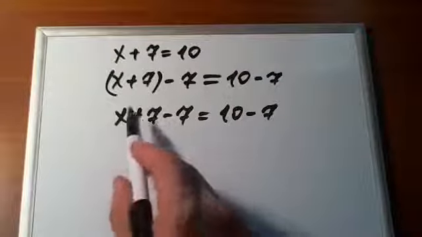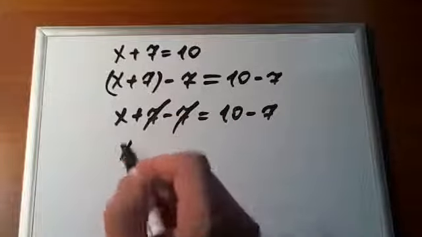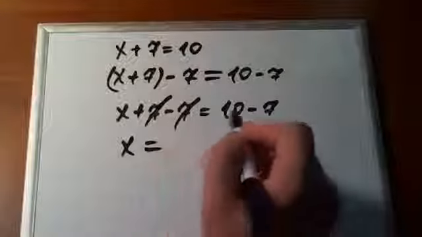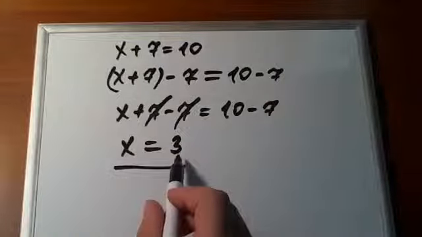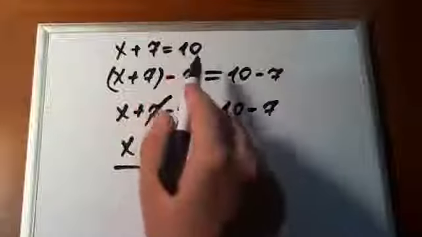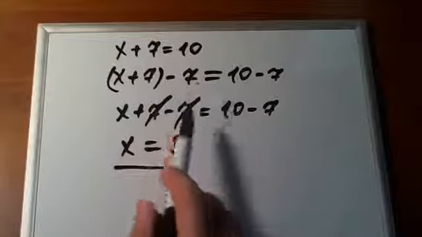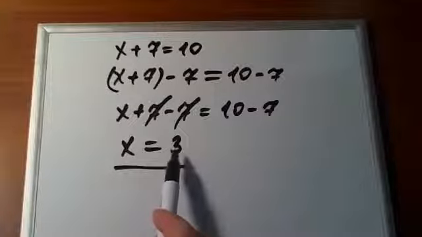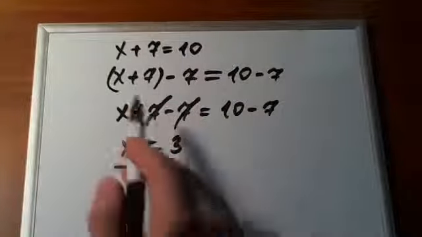Subtracting 7 from this side takes care of these 7s. So we have x left on the left side, and 10 minus 7 is 3. 3 is a solution of our linear equation. If you want to check, to make sure we didn't make any mistakes in the process, we can plug this 3 into the given equation.